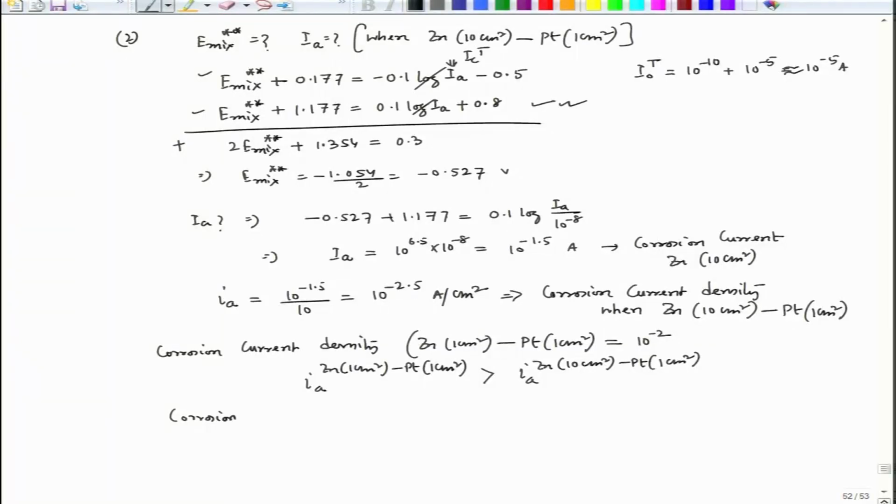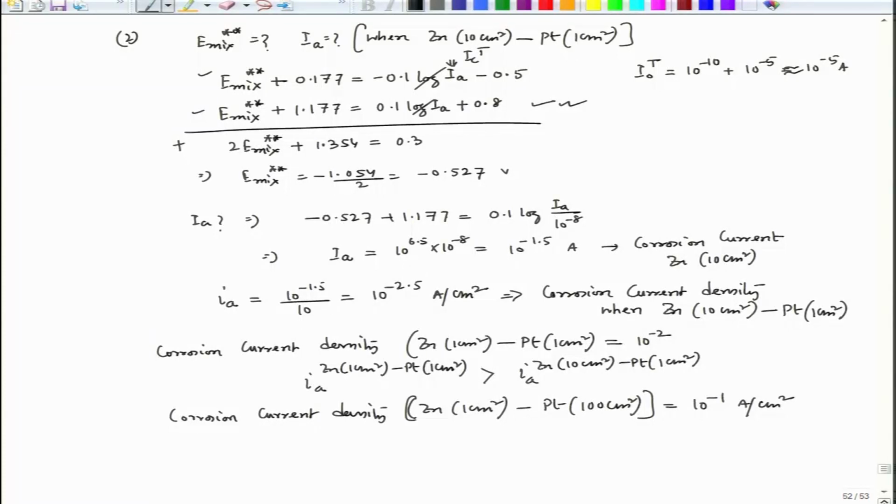But if I try to find out the corrosion current density when zinc is 1 centimeter square and platinum is 100 centimeter square, at that time the corrosion current density was 10 to the power minus 1 ampere per centimeter square, which is much higher.